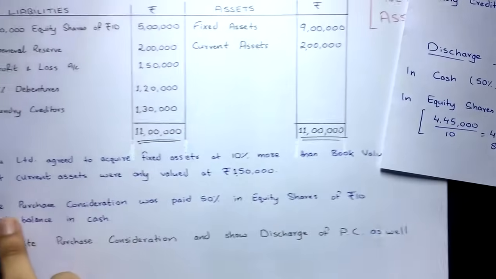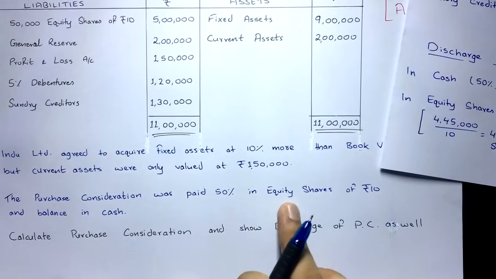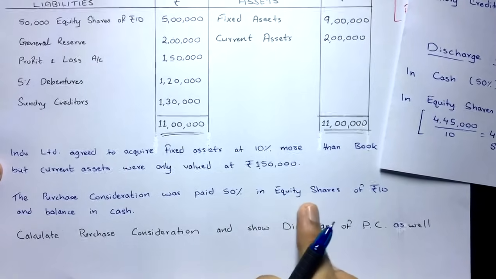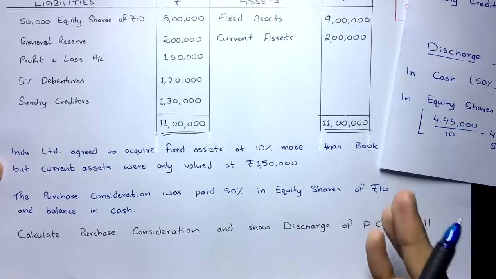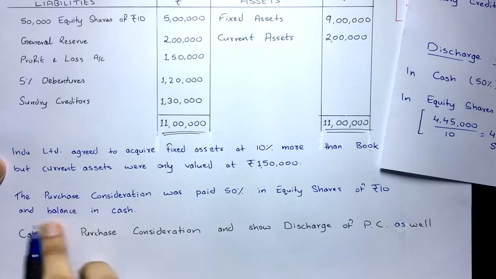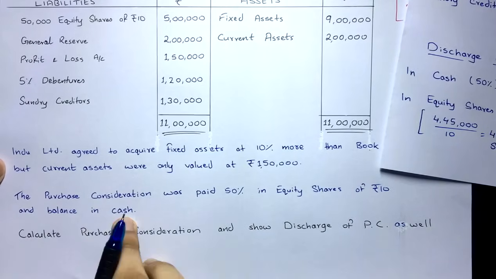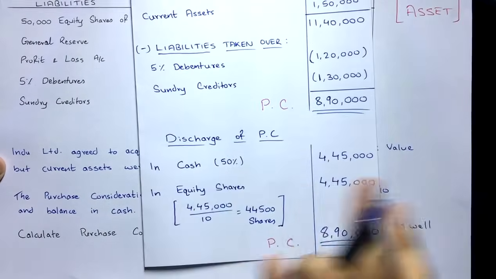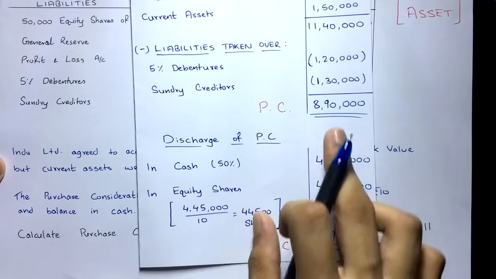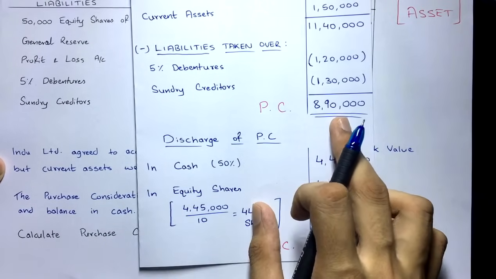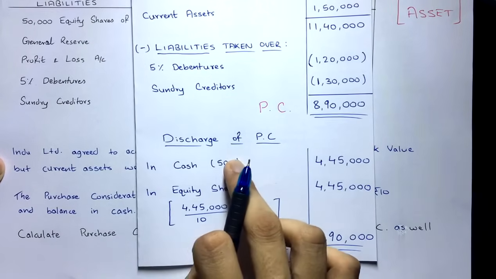See here, the purchase consideration was paid 50% in equity shares. So if 50% is paid in equity shares, then obviously the remaining 50% is paid in, whatever they have said, balance in cash. So 50% in cash. So first let's do the cash. In cash 50%. Now the price is 8,90,000. They are saying 50% will be paid in equity shares and 50% in cash.